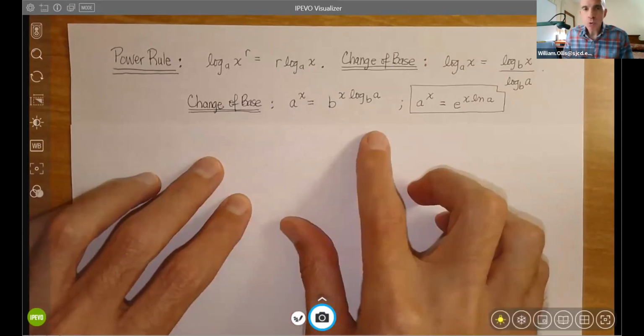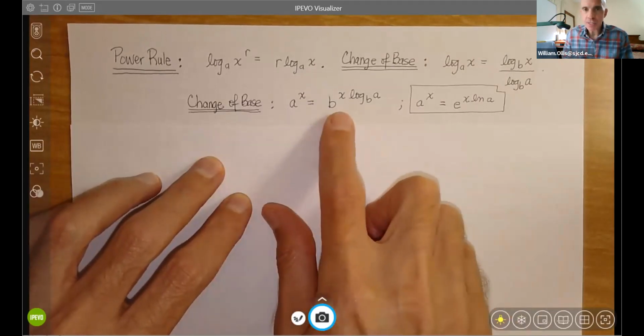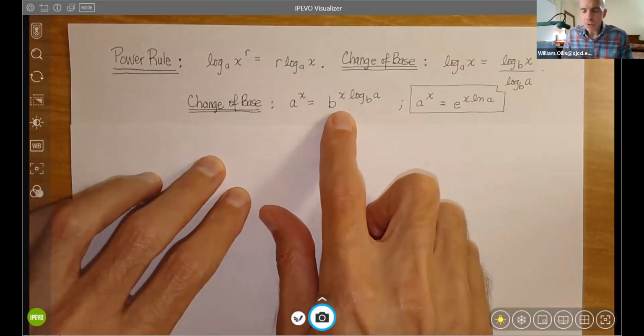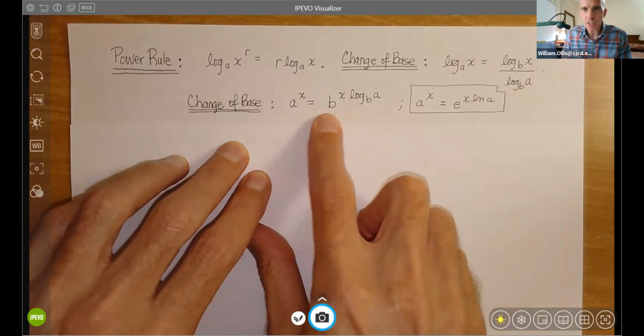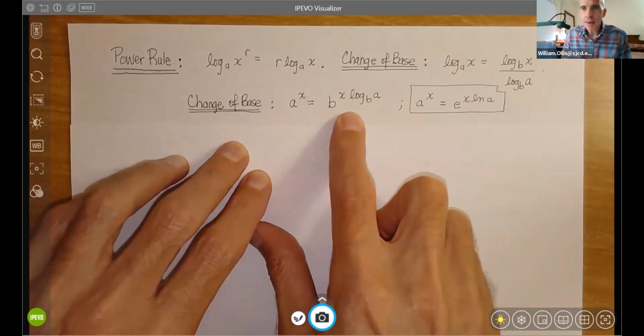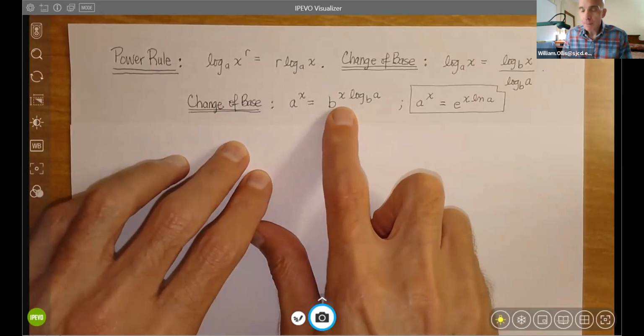Now, I did want to make one comment, and this is a very important one, though it doesn't really require a theorem. If we want to change bases with exponential functions, it's just very simple. It's using the inverse relationship between the logarithm and the exponent.